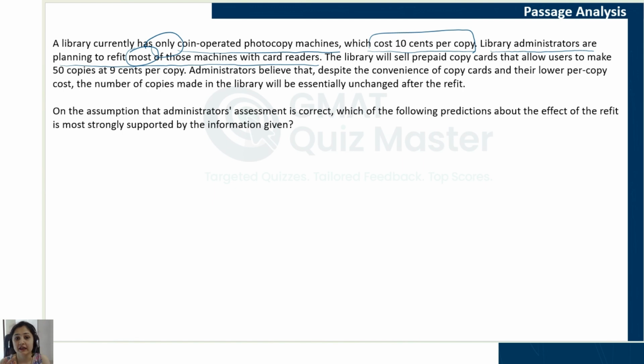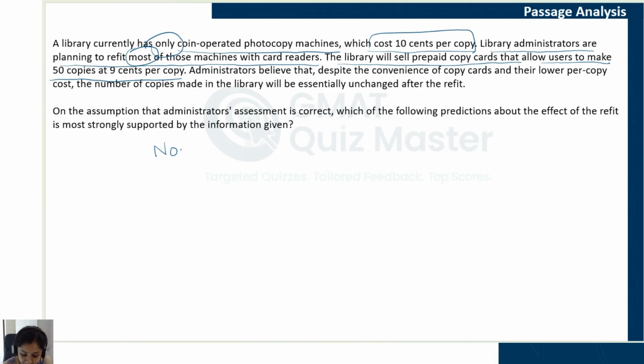Okay, so some coin operated machines will continue to exist. The library will sell prepaid copy cards that allow users to make 50 copies at 9 cents per copy. All right, now we have the new rate.